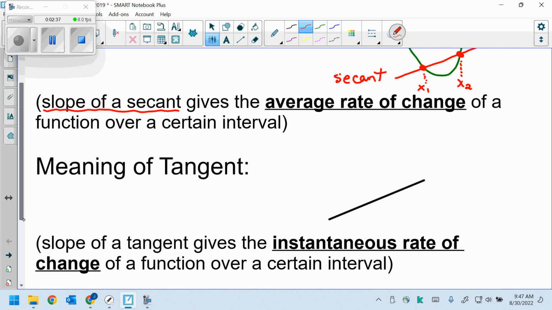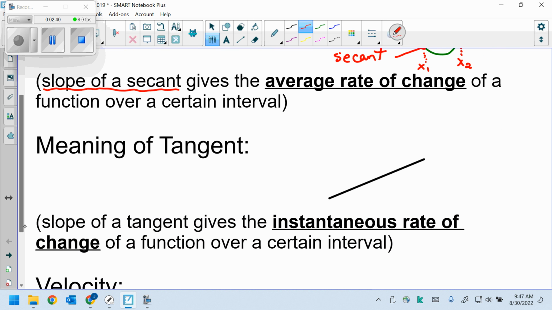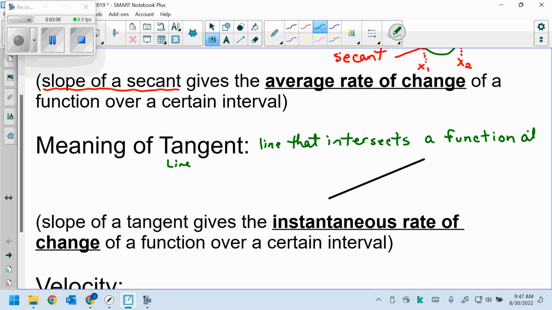Now tangent. A tangent, and again, we're talking about a line here. And this is a line that intersects a function at 1 point.